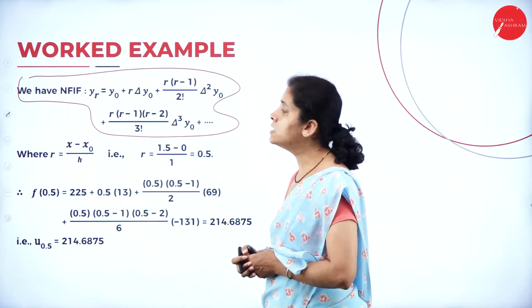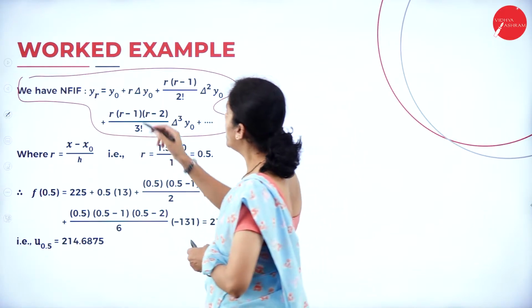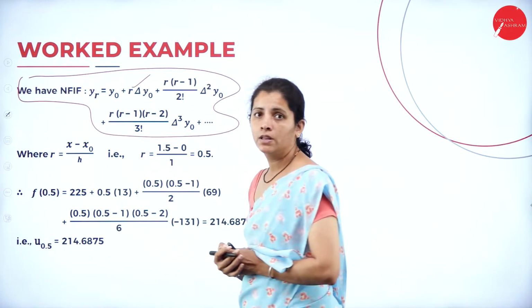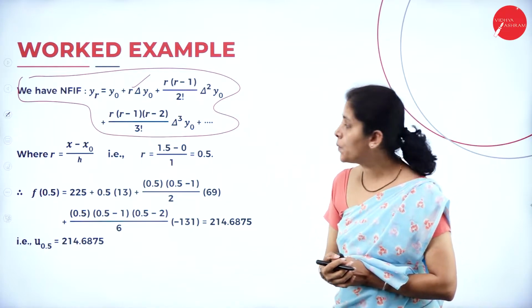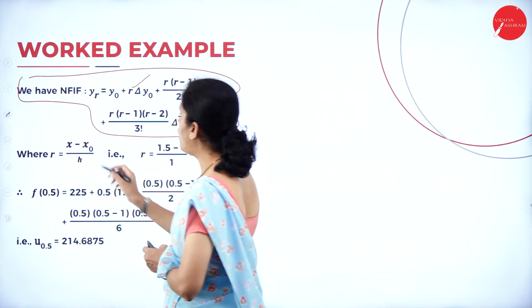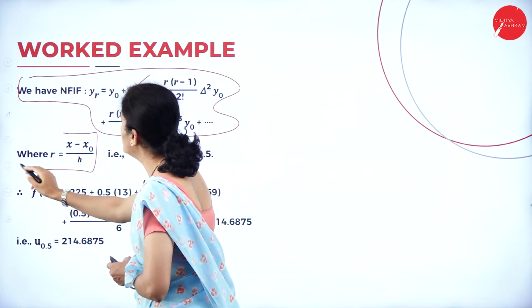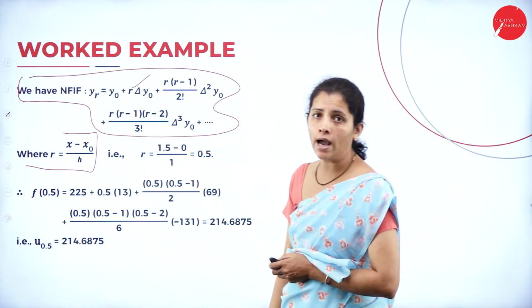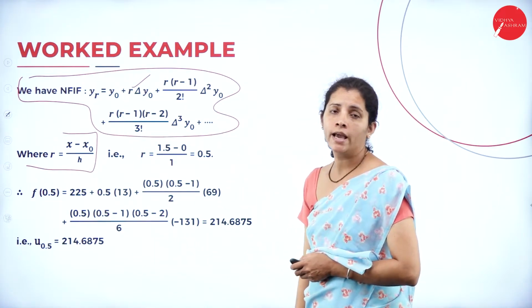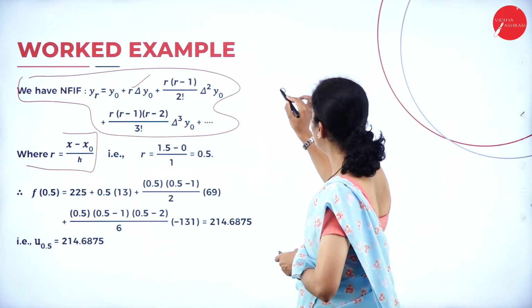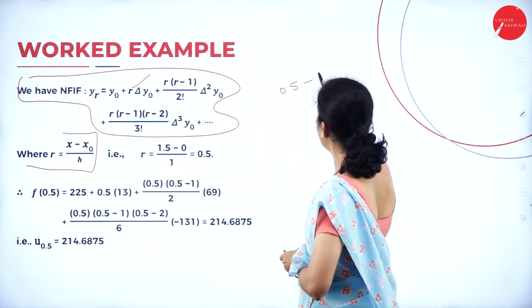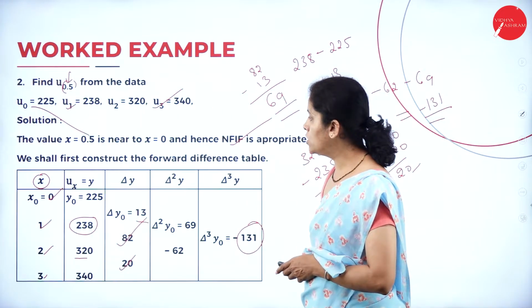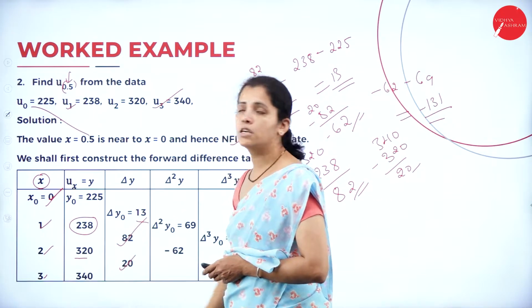I required y naught value along with that r. Now to find out the r value, I have the formula. So this is the formula used to find out r value. So what is x? x is nothing but 0.5 minus, what is x naught? See here, x naught is 0.